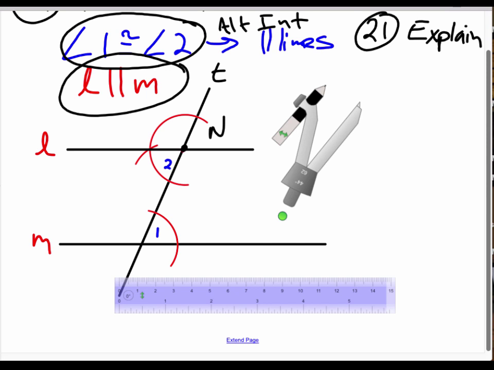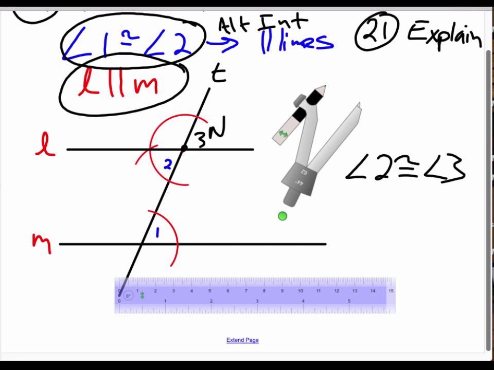since angle 1 and angle 2 are alternate interior angles and they're congruent, then we know that lines L and M are parallel, right? And that's what the converse means. You could expand and go further and talk about how the corresponding angles are congruent. In other words, if this is angle 2, then angle 3, angle 2 is congruent to angle 3.